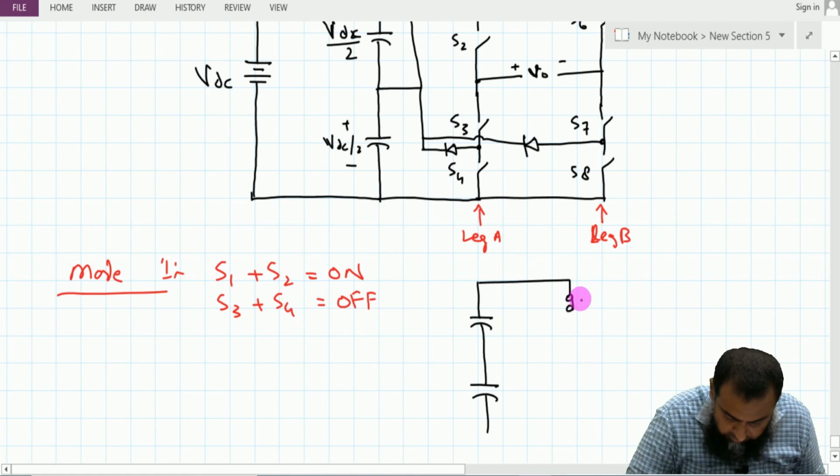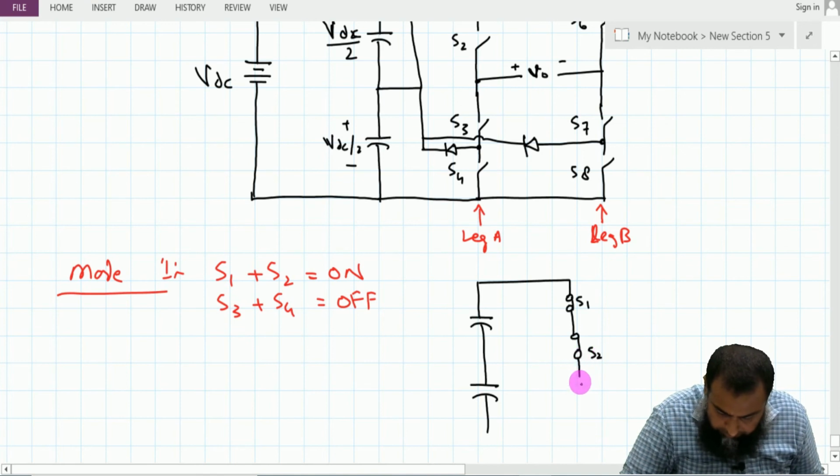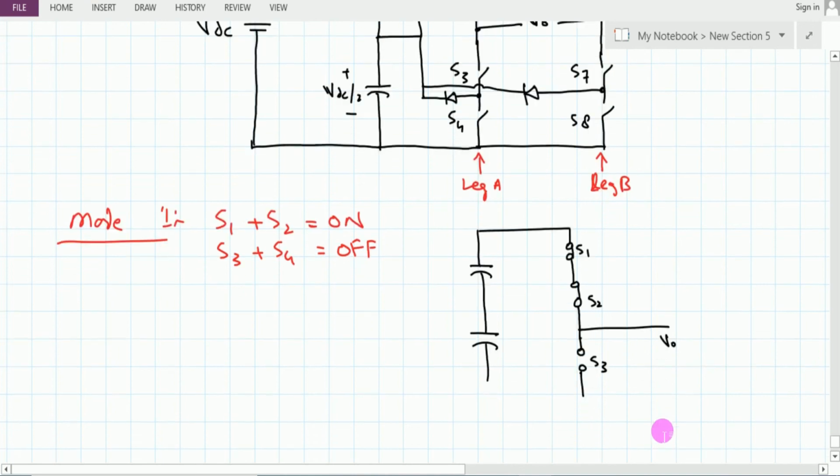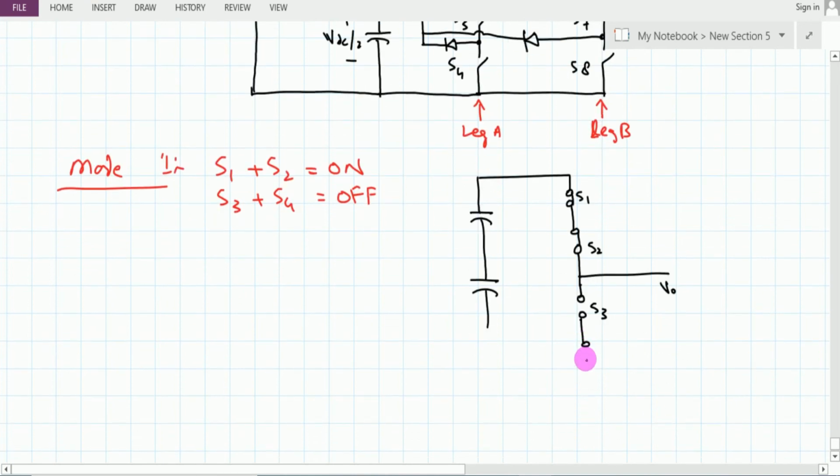This is S1, this is on, this is S2, this is on. Here we have the output voltage V0. This is S3, this is off, and also we have S4, this is also off.